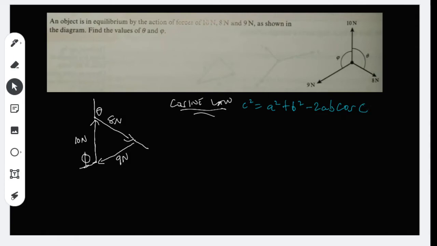However, here, since we don't know any angles, and we are considering three-force equilibrium problems, instead of writing the angle there, we can just represent it as 180 minus, let's say, the theta or the p.